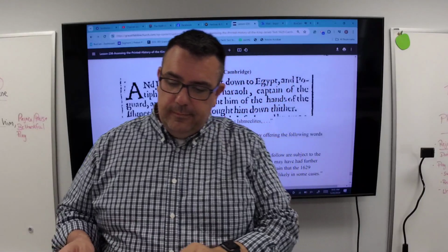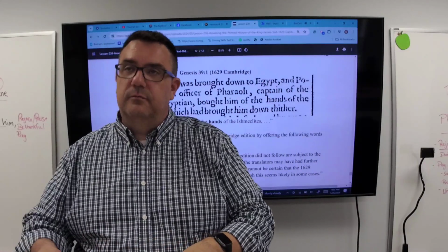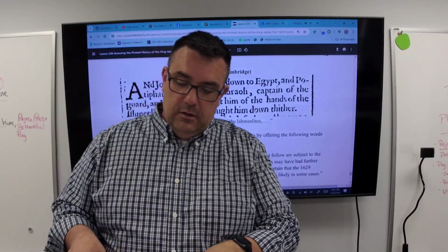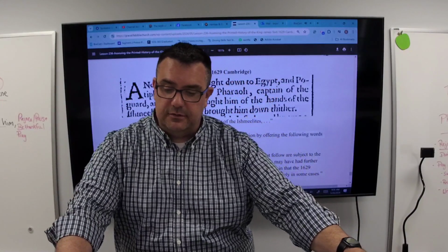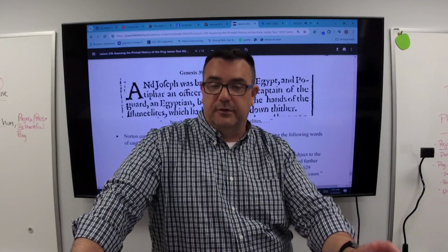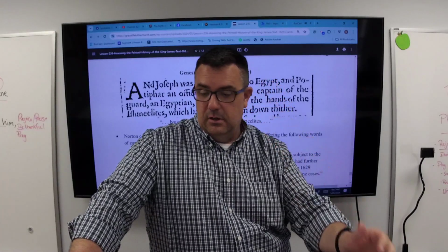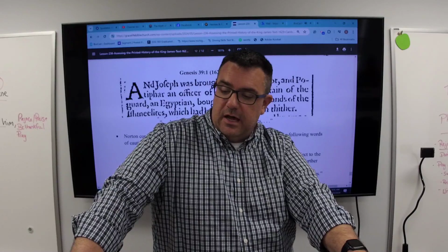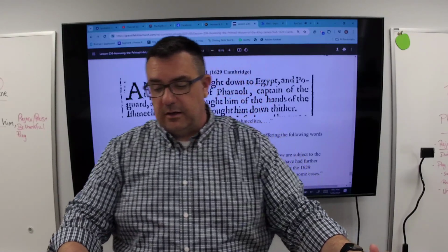So, let's look at page 12. Norton concludes his discussion of the 1629 Cambridge edition by offering the following words of caution. "The coincidences with annotations that the first edition did not follow are subject to the same argument we have made regarding Bod 1602.